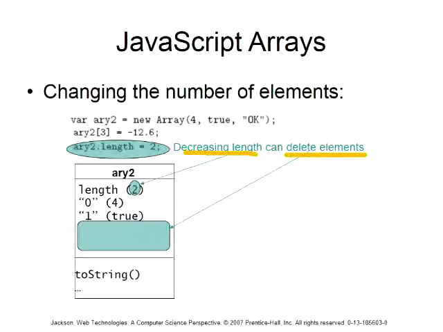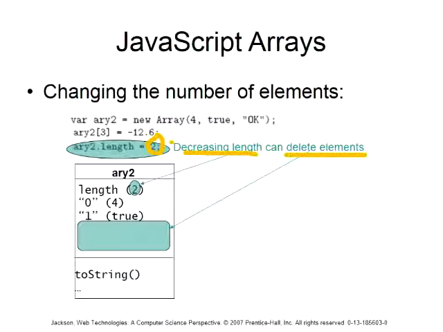So if we want to delete all the elements in the array, what is the instruction we must write? We must write array2.length equal not 2 but 0 here.